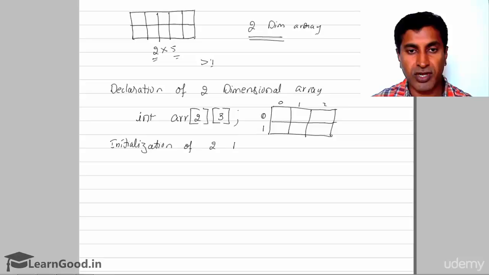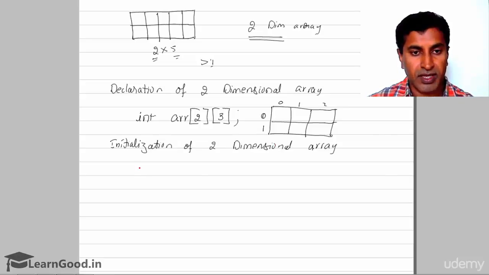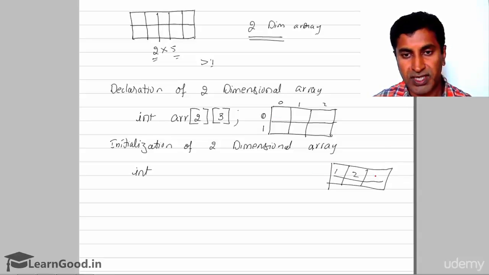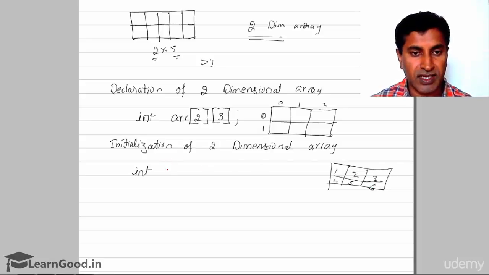So you can also go for initialization of a 2-dimensional array. Now you can create a matrix of order 2 cross 3 with the following data. That is, I want the data 1, 2, 3 in the first row, 4, 5, 6 in the second row. In that case, you can create an array like this.